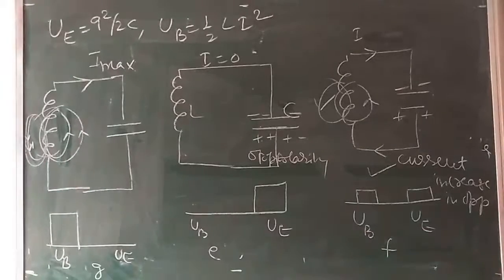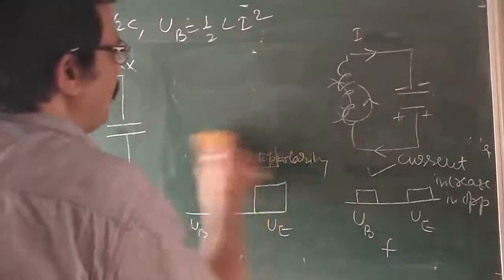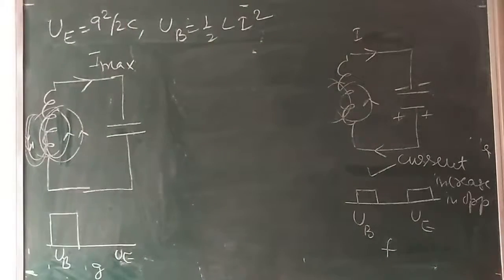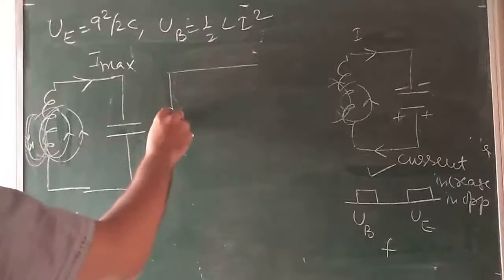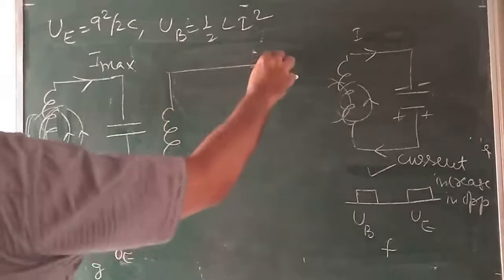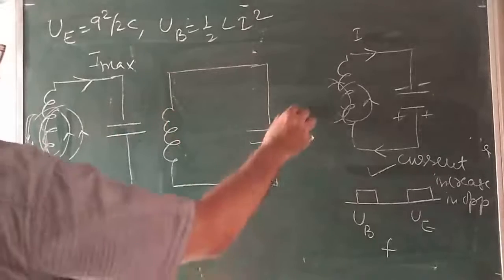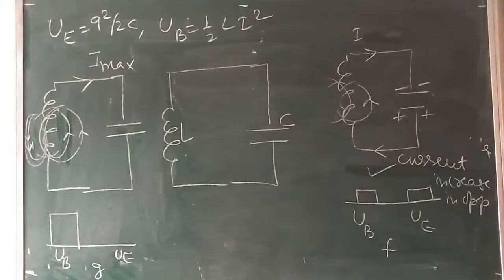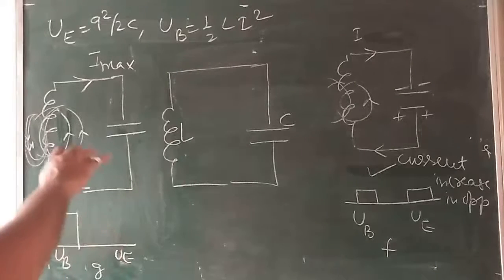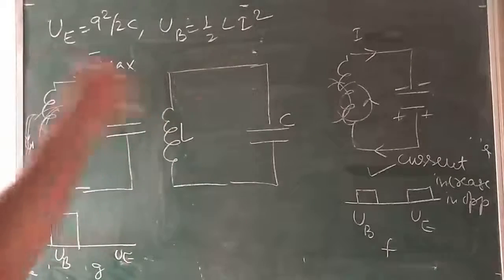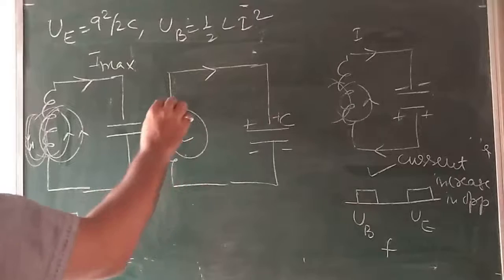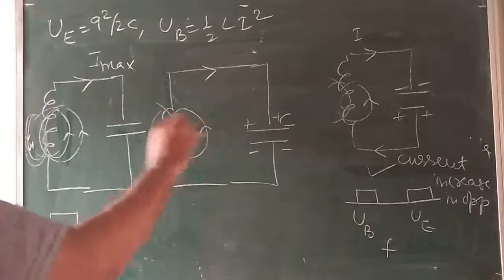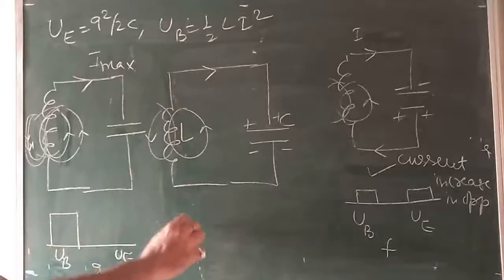And at last, of our eighth stage, again the process repeats. Here it is C, here it is L. So again I can say the capacitor will charge again, current flows in this direction, it will charge something like this in this manner, and here the magnetic flux decreases, or we can say magnetic field energy decreases.